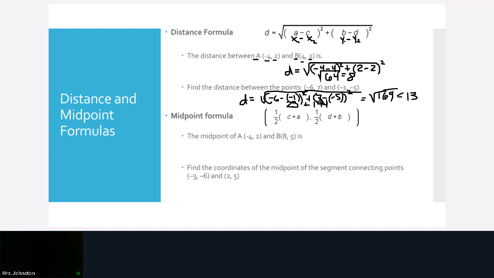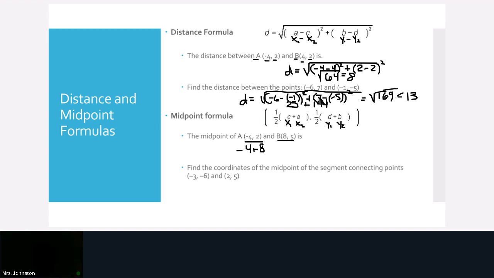Now the midpoint formula is also based on the Pythagorean theorem, but what we're really doing is just finding the average between 2 points, because that will be the point in the middle. So if we were given the points negative 4, 2, and 8, 5, I'm just going to add up the x's. And remember, this also would be x1 and x2. And this would be y1 and y2. So I'm adding the x's, negative 4 plus 8.